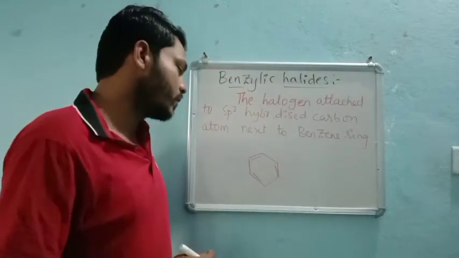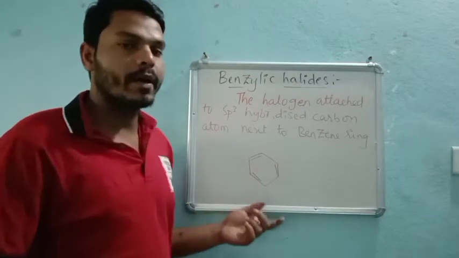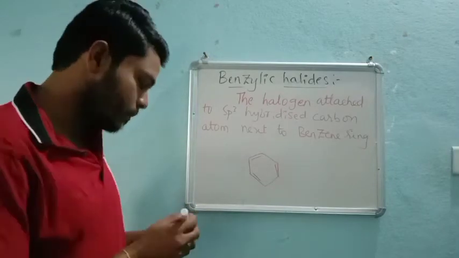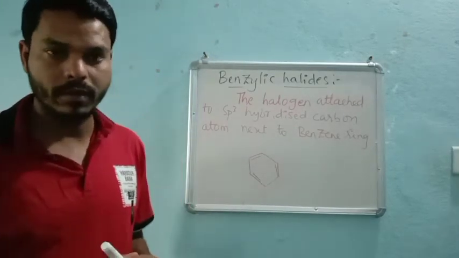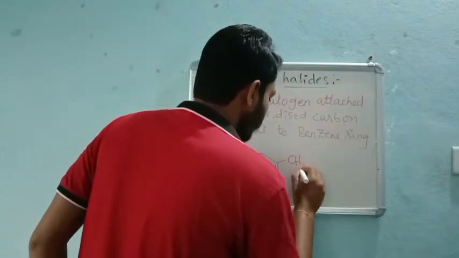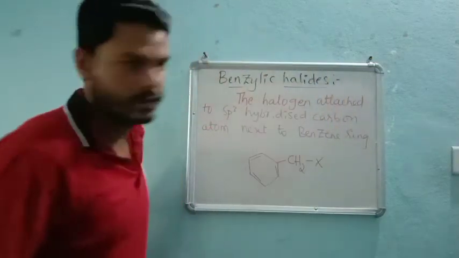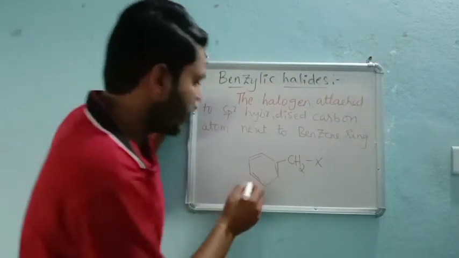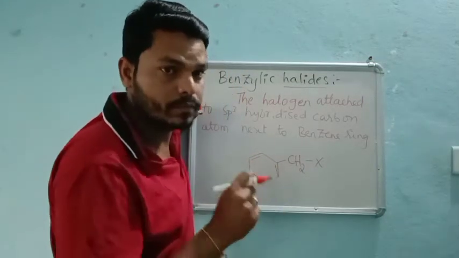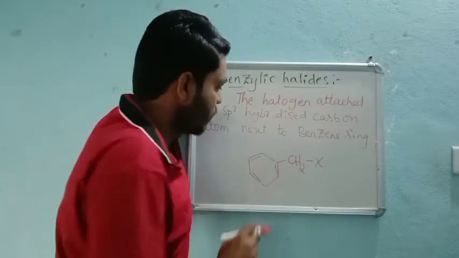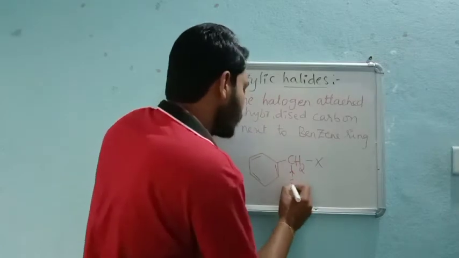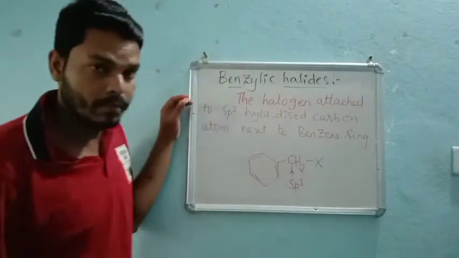So all these 6 carbon atoms present in the benzene ring have sp2 hybridization. Now there is a CH2 like this. All the carbon atoms in the ring have sp2 hybridization, but what about this carbon? All around this carbon there are single bonds, so it is sp3.